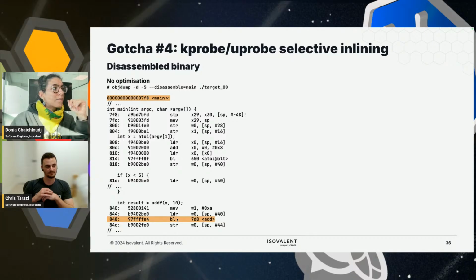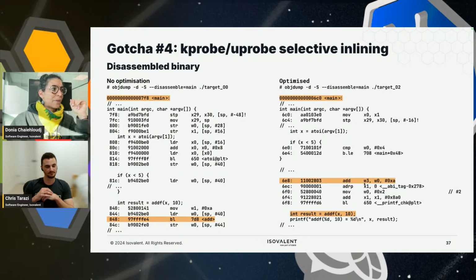So in the case of optimization, what's happening? We can see that we don't have the BL, we have the instruction directly, because we have what we call selective inlining. The instructions are replaced, therefore the function definition offset will never be reached during the execution. So you should then probe on the offset of the actual instruction of the caller. So here, this is the offset we want to attach to.